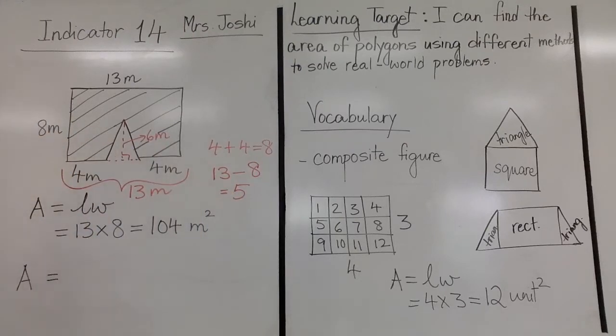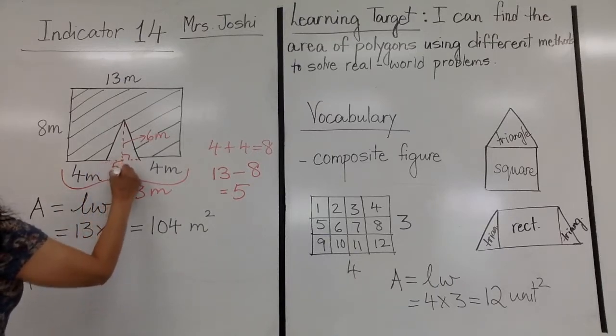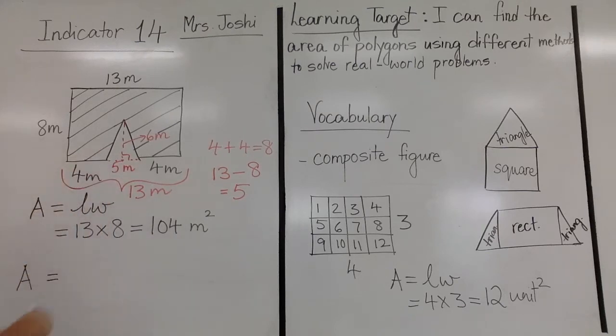I was thinking of the answer when I put that down. Okay, so this is going to give me 5 meters. So now I can see, all right, 4 plus 5 plus 4. Now the whole thing is equaling 13 meters. So that makes sense. Okay, so now that we know what the base of the triangle is, it is 5.